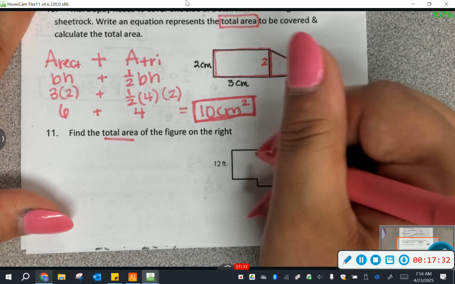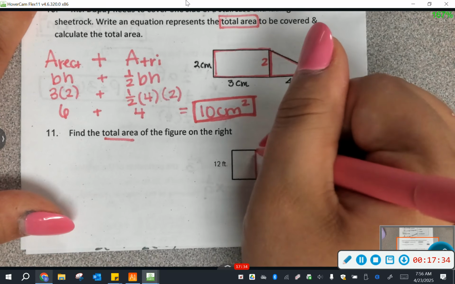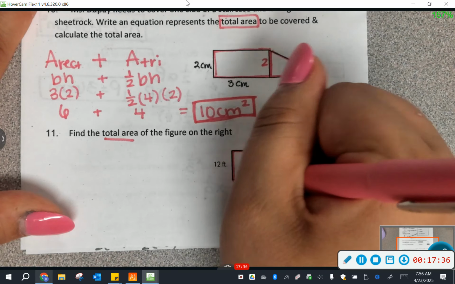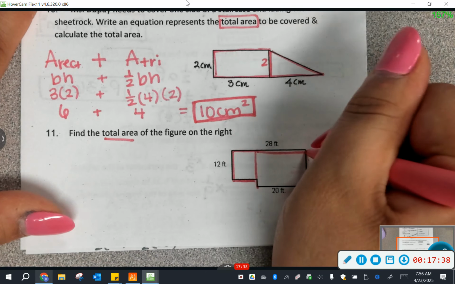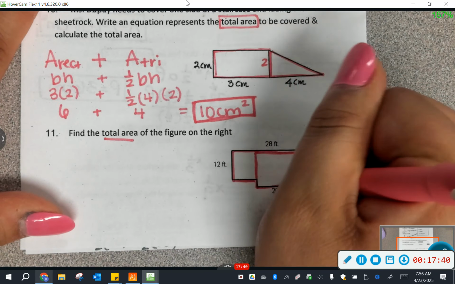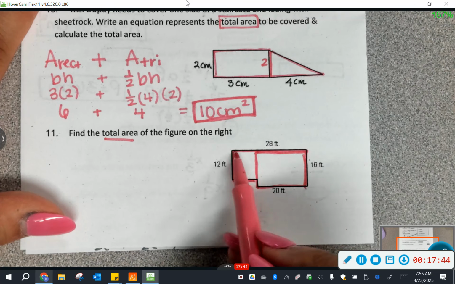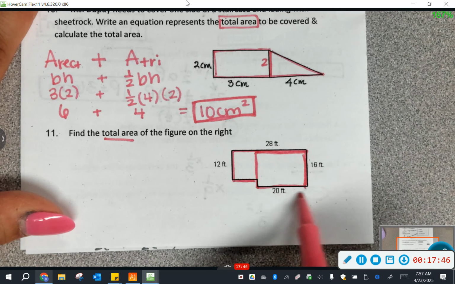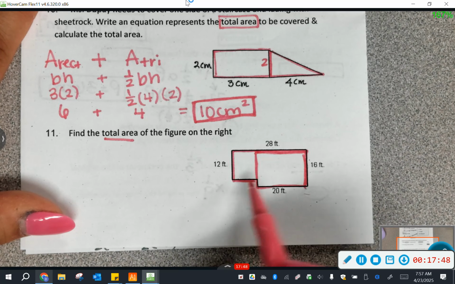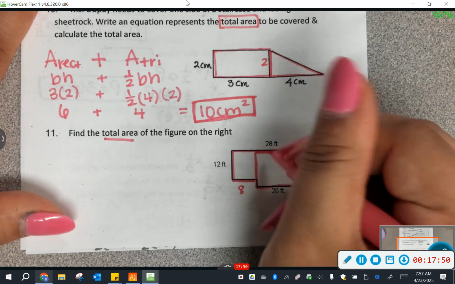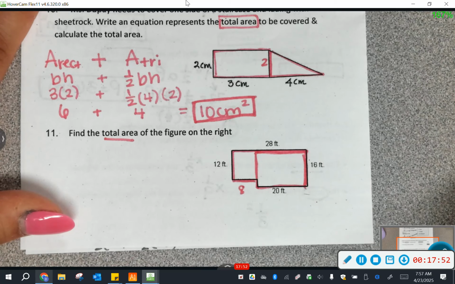I'm going to break this up into two different shapes, like this and like this. If this whole top is 28 and this right here is 20, what's this bottom going to be? 8. 28 minus 20 is 8.